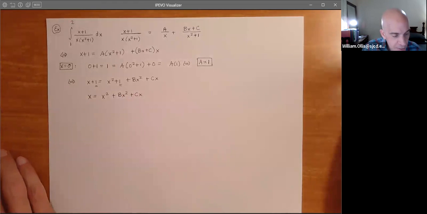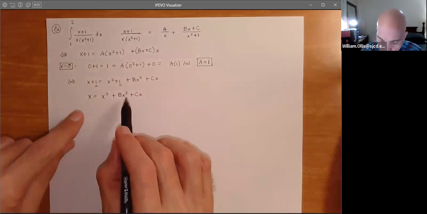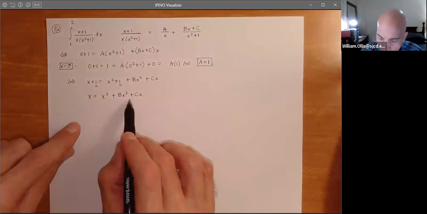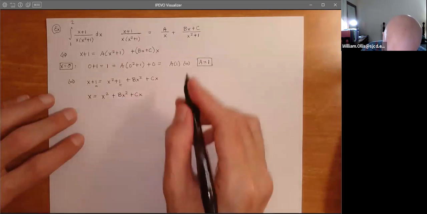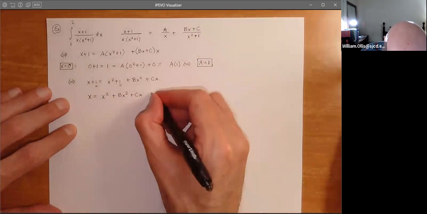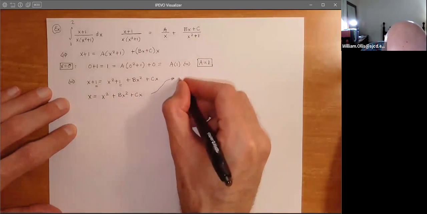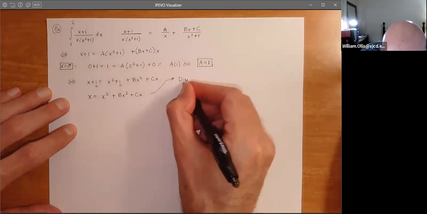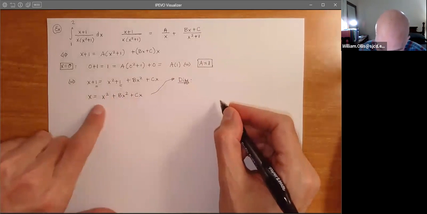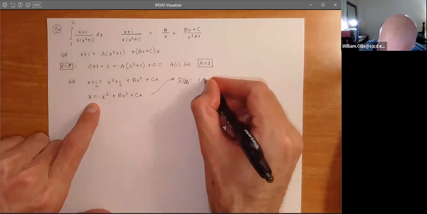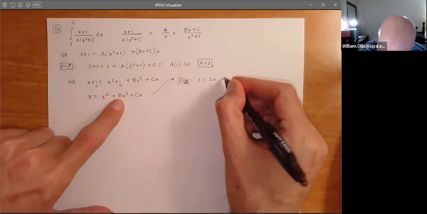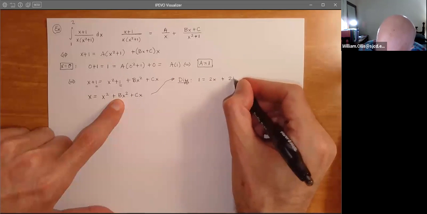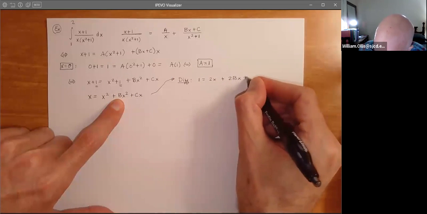Now, one thing that's interesting about this, if you compare it to the last one, we've got the same situation. So let's differentiate to get rid of the c. Let's move the calculation over here, and Professor Ron can use the space on the page. So we differentiate and get 1 equals 2x plus 2bx plus c.